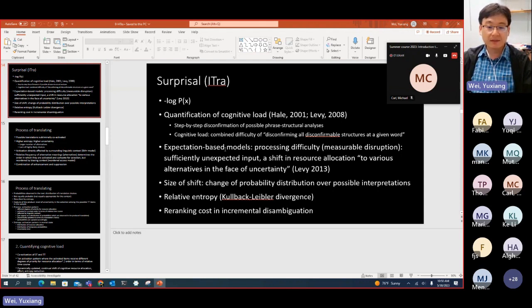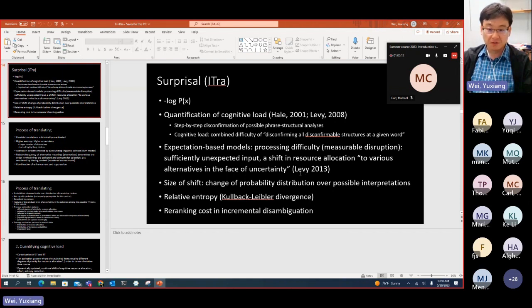In expectation-based models of sentence comprehension, processing difficulty or measurable disruption in behavior can arise from a sufficiently unexpected input. Again, we see unexpected input here, which is consistent with the active inference framework. And this unexpected input causes a shift in resource allocation to various alternatives in the face of uncertainty.